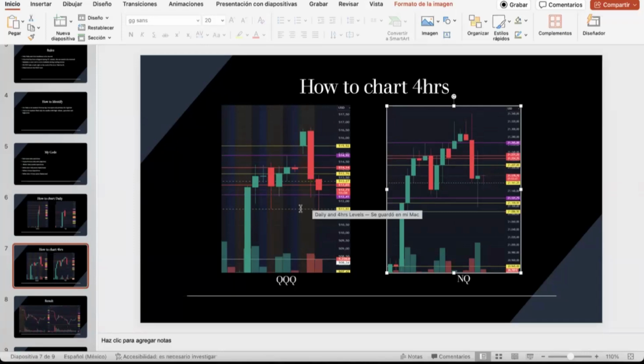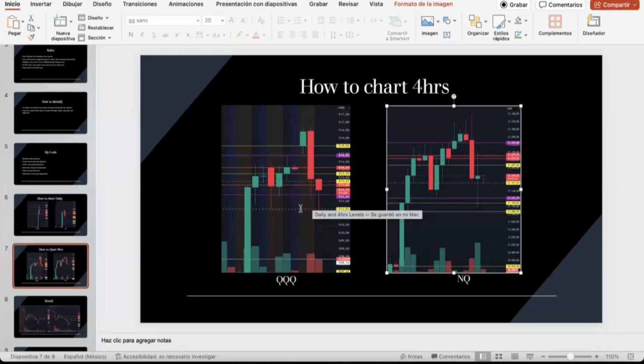If you see that the candle hasn't been touched, it's a valid candle, okay? So that's how far I go. It could be 1 day, 2 days, 3 days, 1 week, whatever. Especially right now that we are pumping like crazy with NQ.